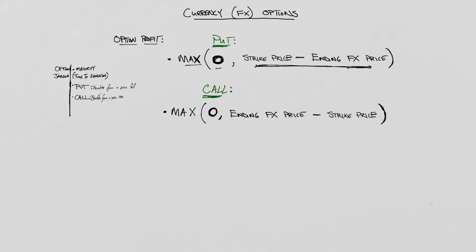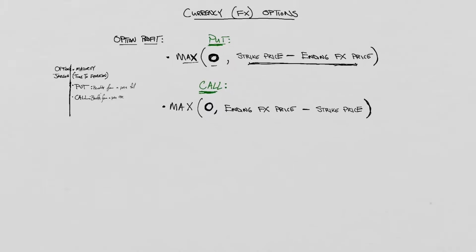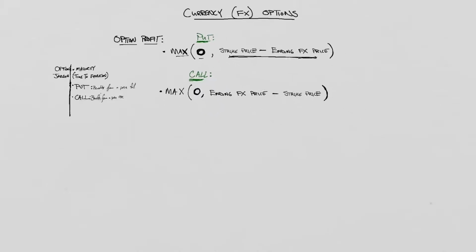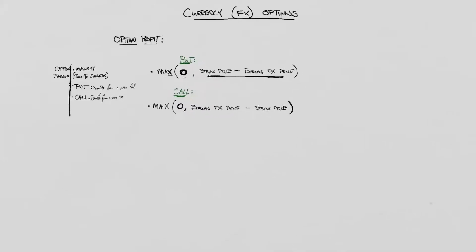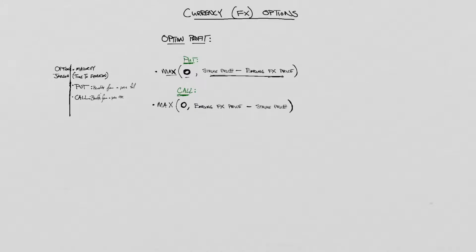Now, I keep saying that we can walk away if the position moves against us and we just lose our premium. And so at this point, I need to differentiate the idea of gross profit versus net profit. What you see here is option profit, but this is a gross option profit. By contrast, option net profit accounts for the cost of the premium.